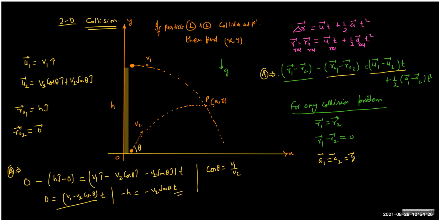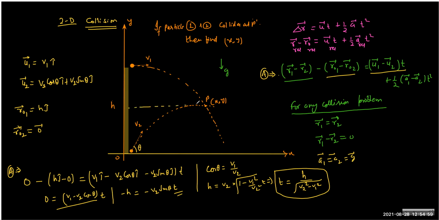And if you solve this expression, it is h plus 2 V2 sin theta, which you can write as 1 minus cos square. So the t turns out to be h upon, and once you get the t value, we know that the x coordinate will be nothing but the displacement of the first particle, because it is thrown horizontally.